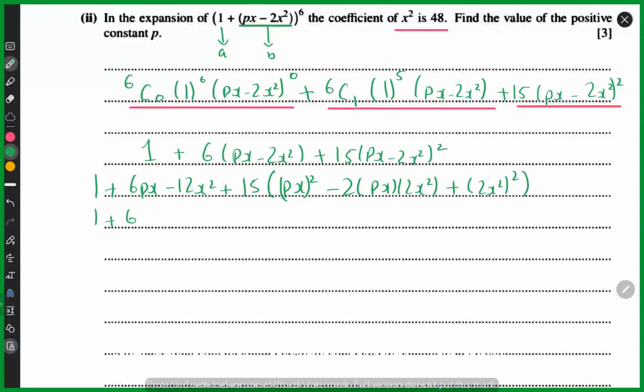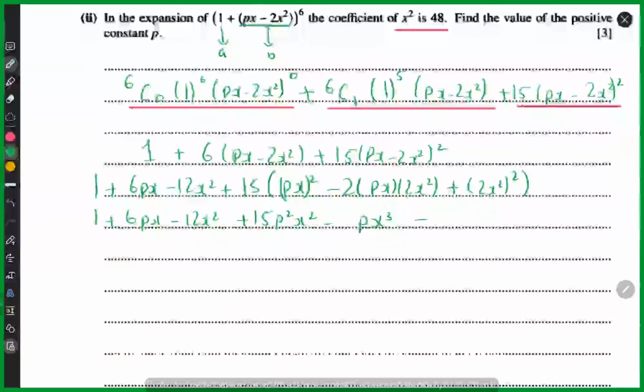So 1 plus 6px minus 12x² plus 15p²x² minus 4, again the same thing is coming, minus 4px³. This would be multiplied by 15.